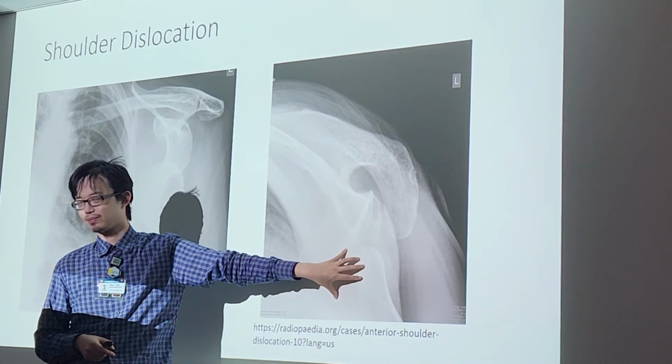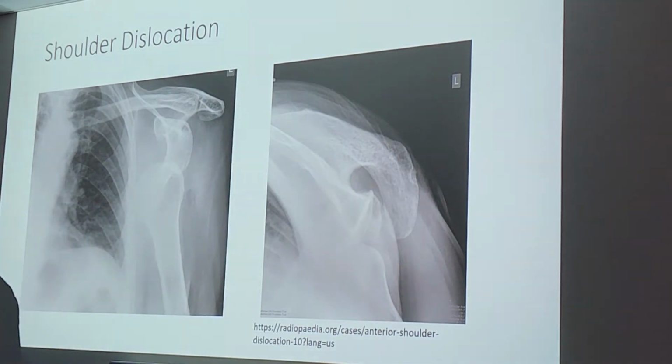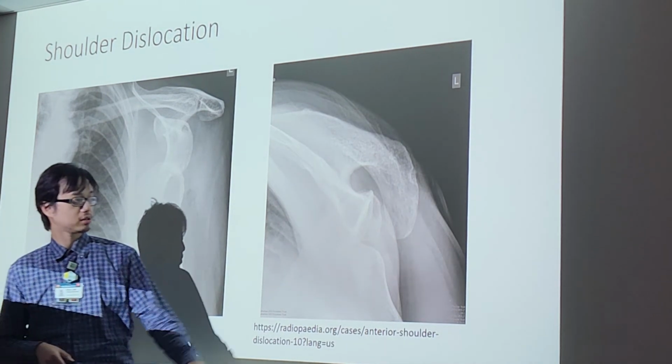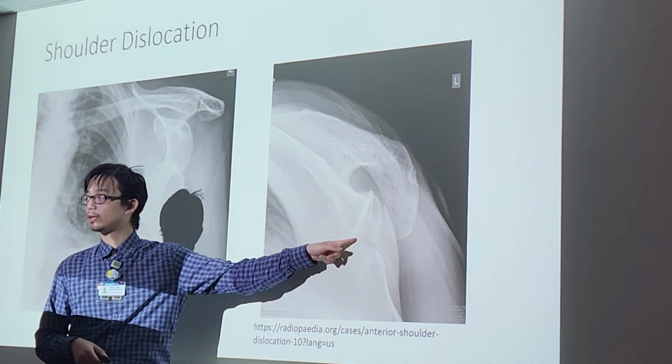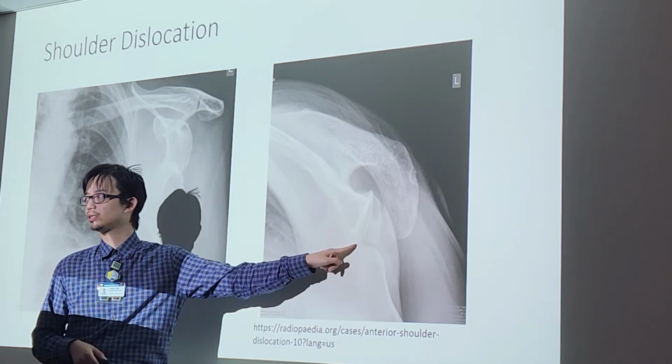Dislocated, yeah? Anterior? Yes, it's an anterior dislocation. Notice the anterior aspect of the glenoid, posterior border of the humerus.